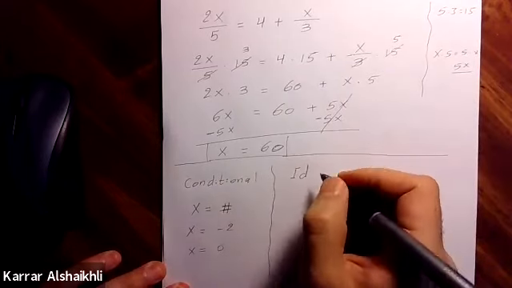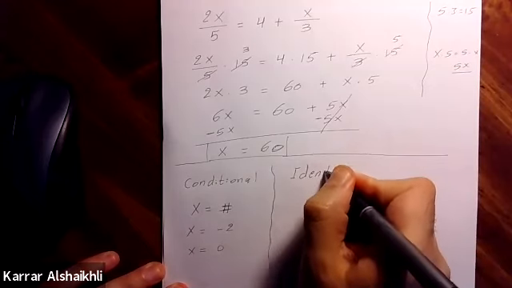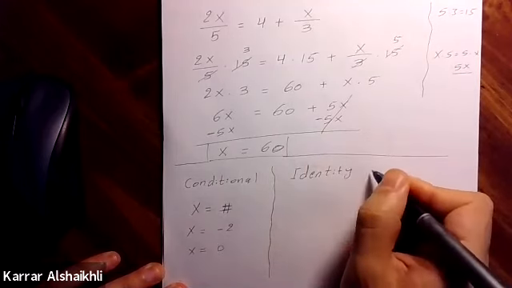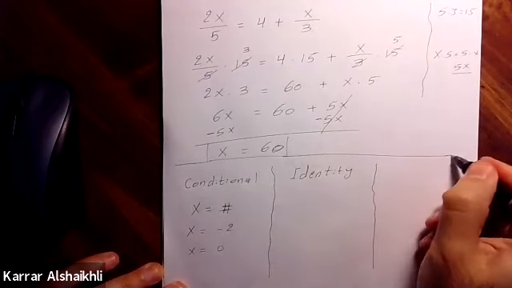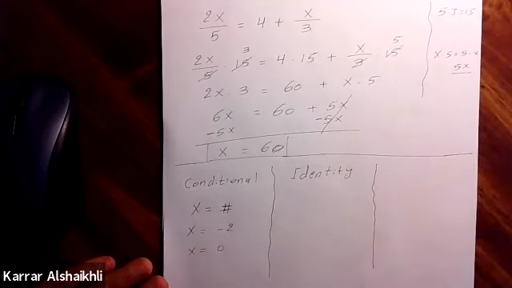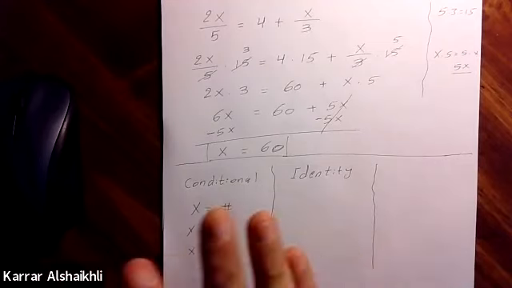Identity equations. How are you going to find an identity solution? The equation is called identity when you have equal numbers on both sides, like there are no variables.